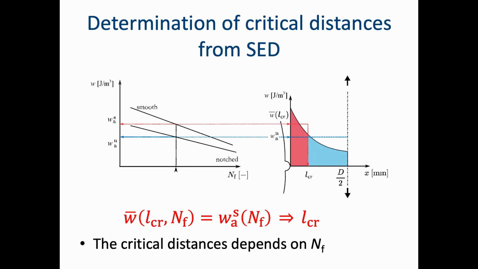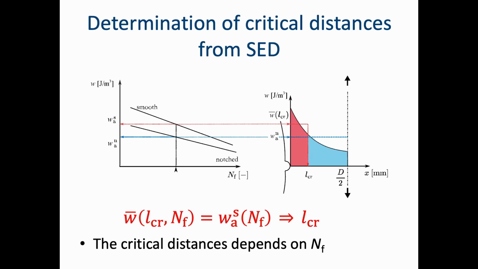This graph looks like an SN curve, but it is not, because on the vertical axis we have strain energy density. The number of cycles to failure is here.